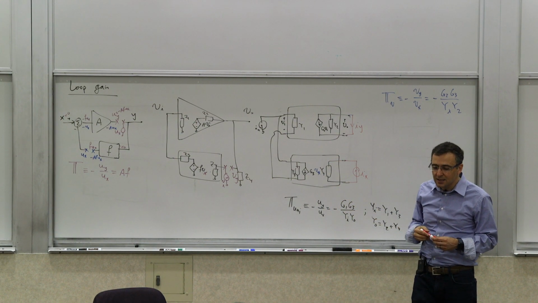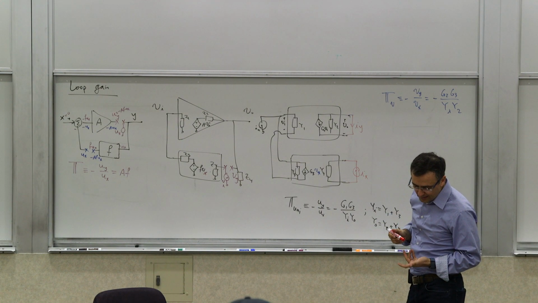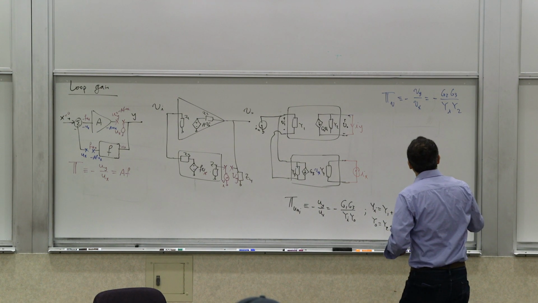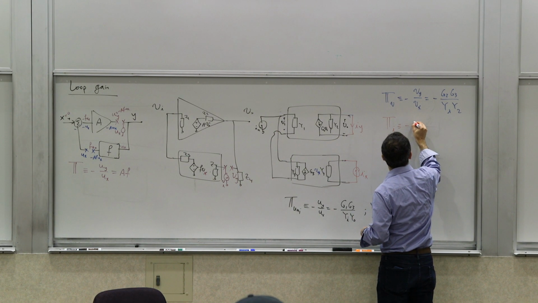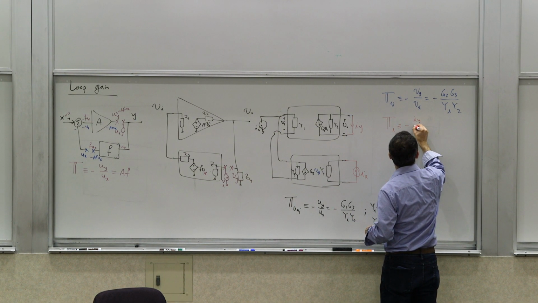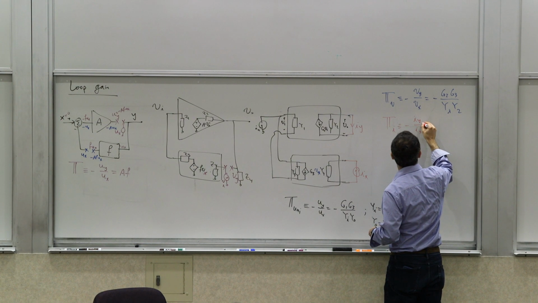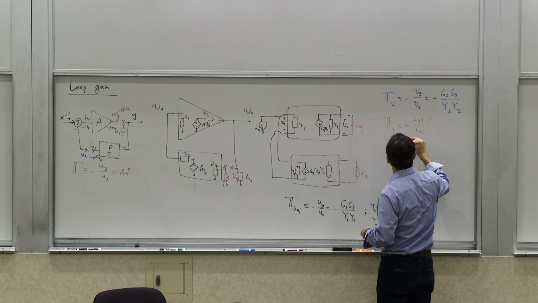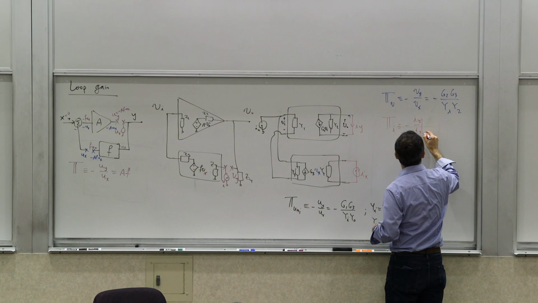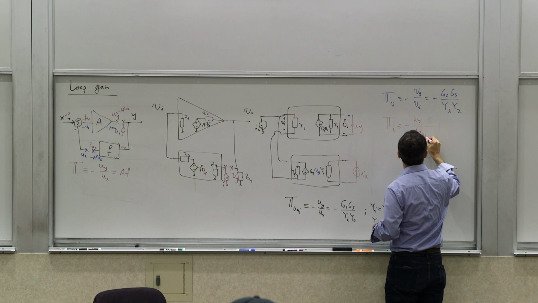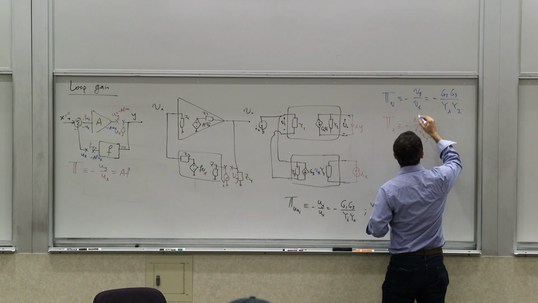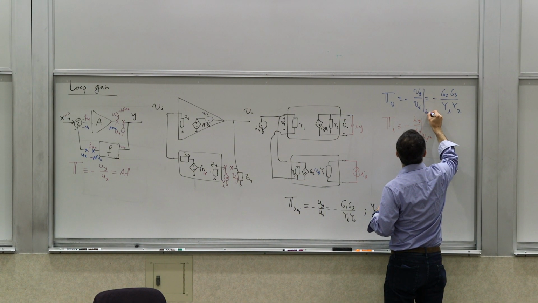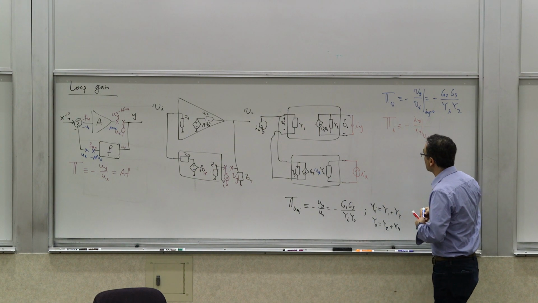Now, if you do that, that gives you what we call the current loop gain. And the current loop gain is defined as the ratio of Iy over Ix, when this is shorted, of course, when Vy is 0. And that first one, if you want to be more precise about it, is when Iy is 0, because that's open circuit.